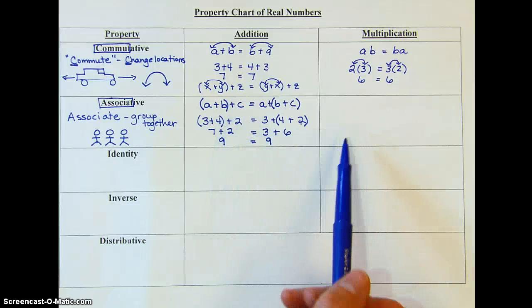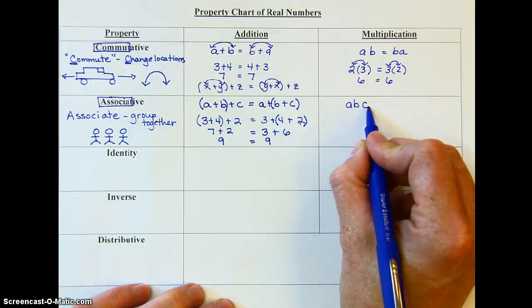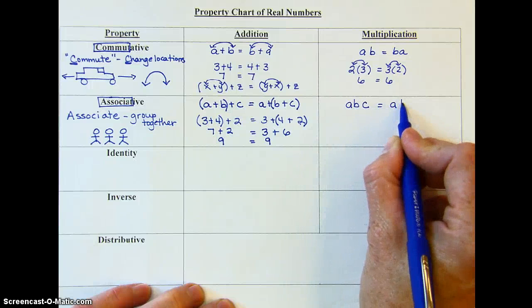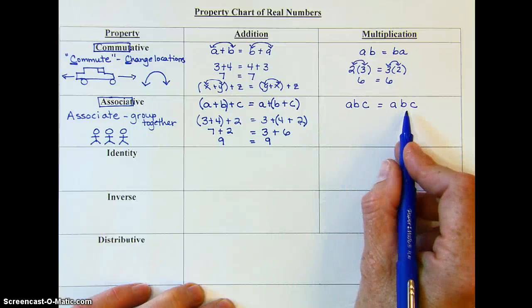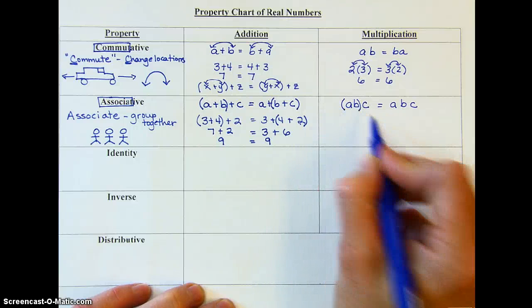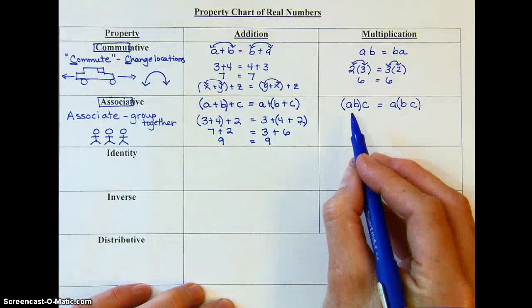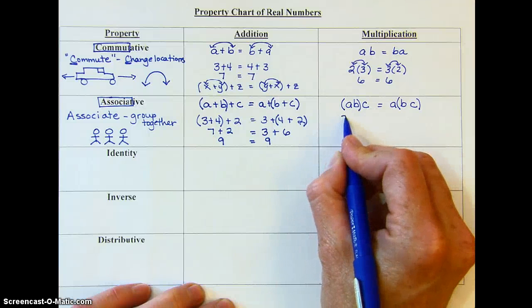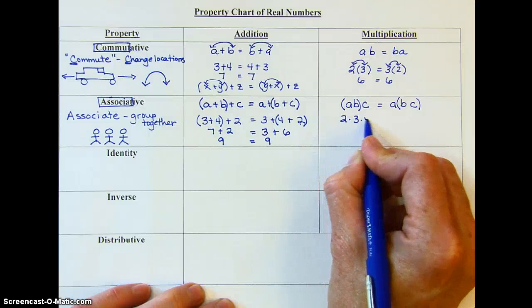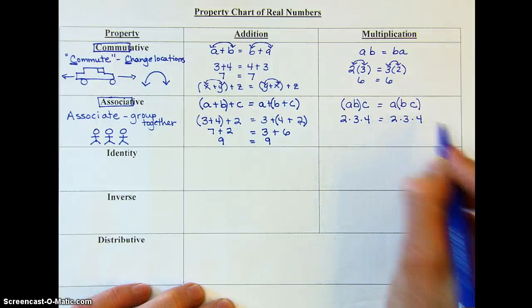Now, it's the same thing for multiplication. A times B times C equals A times B times C. So now we're multiplying. If you group together A and B, or B and C, it's not going to affect the value. So for example, 2 times 3 times 4 equals 2 times 3 times 4.